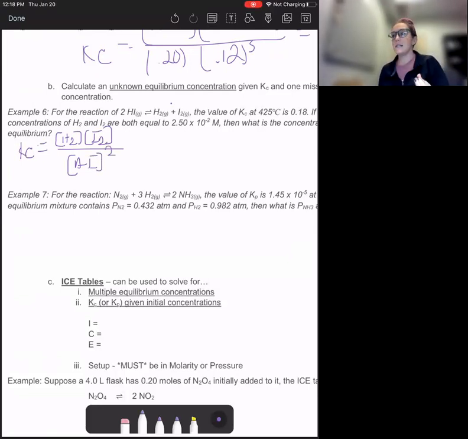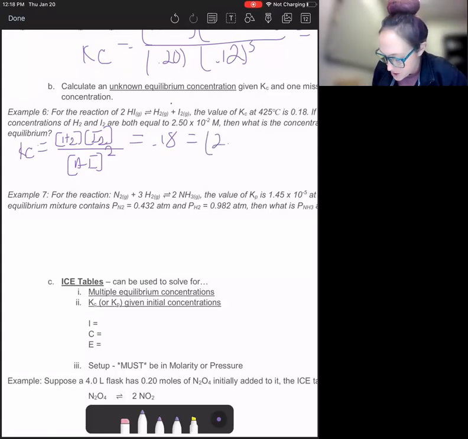It says this is 0.18, so this equals 0.18, and I'm going to plug in everything that I know. The one that I'm missing is just the one on the bottom. I know H2 and I2 are both 2.50 times 10 to the negative second.